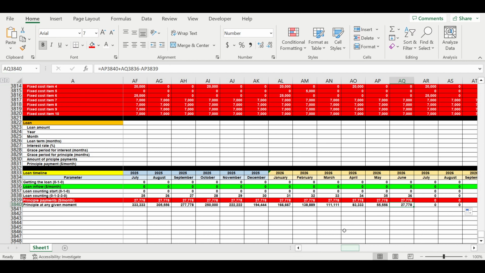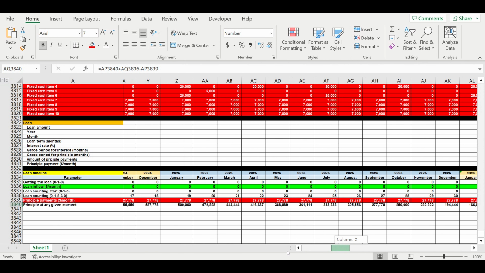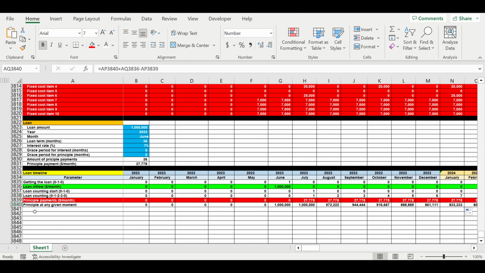And now, if we know the amount of principal, we can calculate the interest paid. So interest paid, denominated in dollars per month.